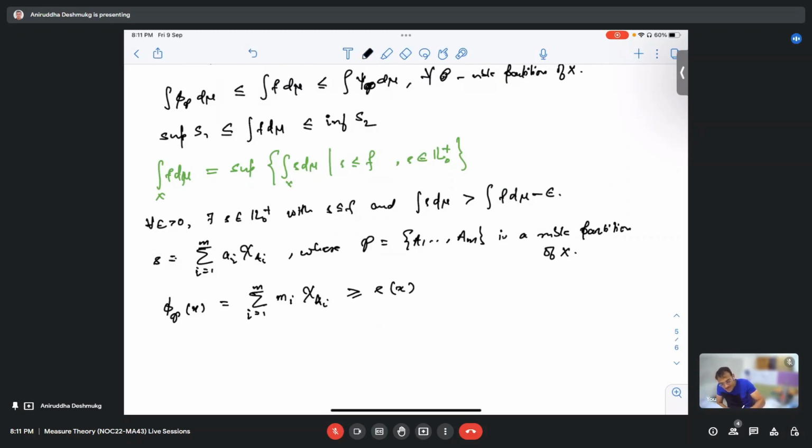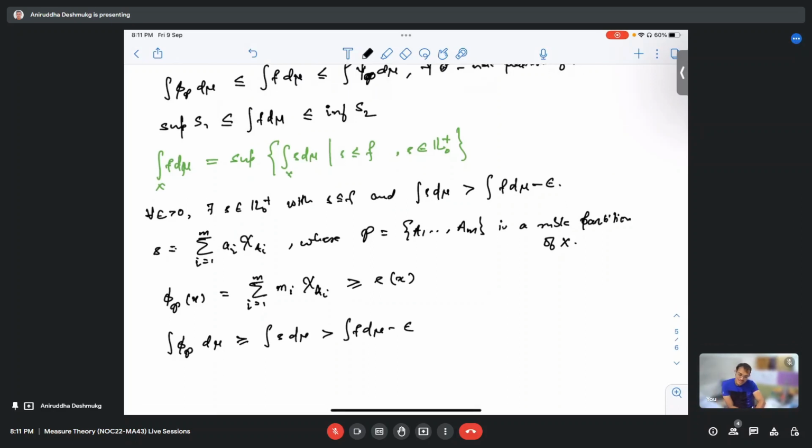Now, once this happens, the integral of φ_P is greater than or equal to the integral of s, which is further bigger than the integral of f dμ minus epsilon. Correct?